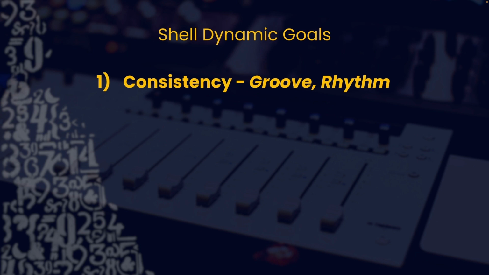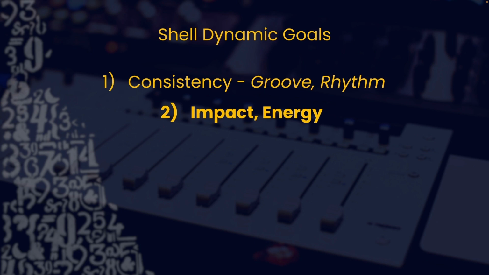So the first goal is always consistency. The second goal is going to be impact and energy, to make sure that we have this full sound, but also that punch that comes from a well-mixed kick or snare or tom.